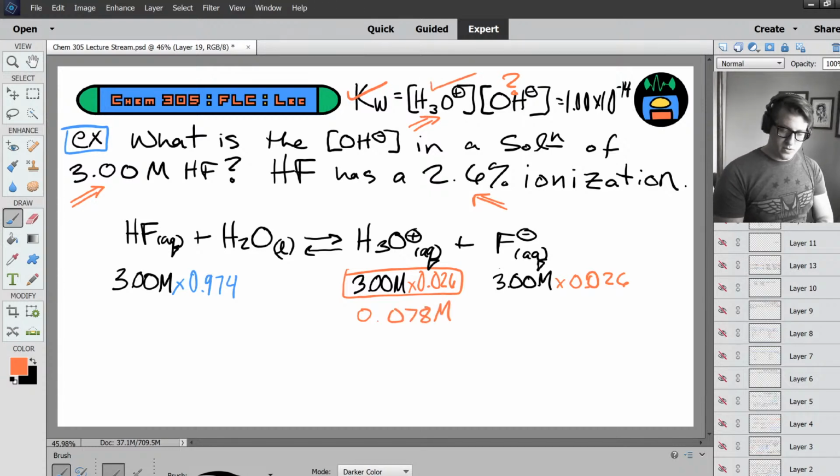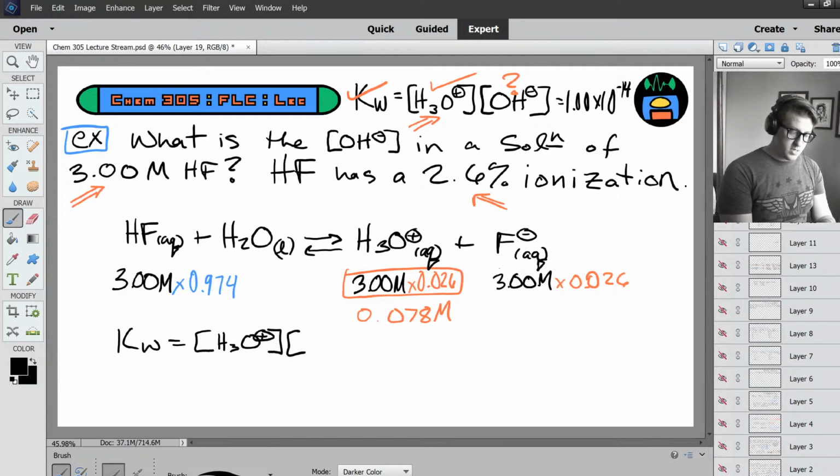And now we can use the equation for the ionization of water to solve for the molarity of hydroxide.